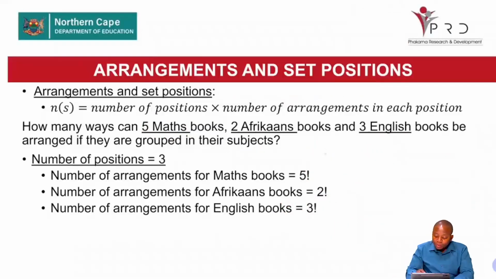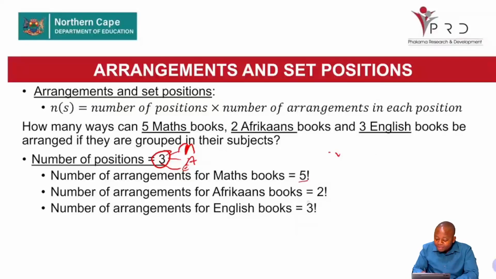In the breakdown, we have 3 positions: maths, Afrikaans, and English. Then the number of arrangements for math books is 5 factorial. Why? As I explained earlier, on the slot of math we have 5 books that can be arranged in any way in that spot.